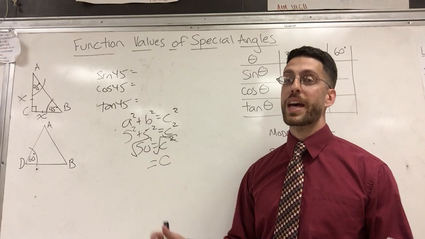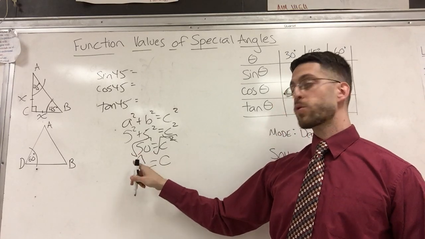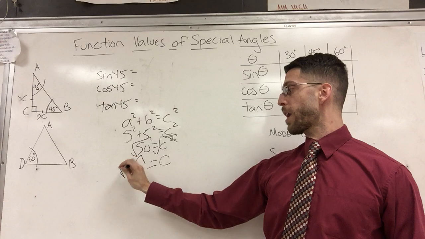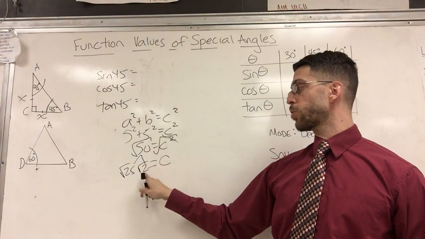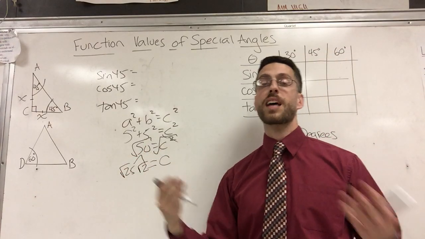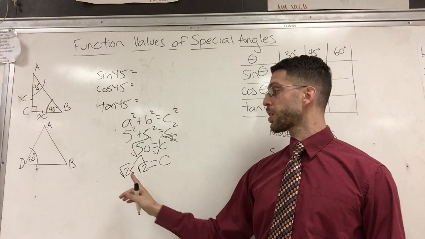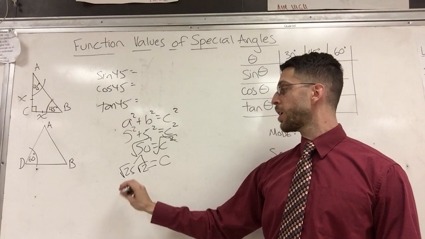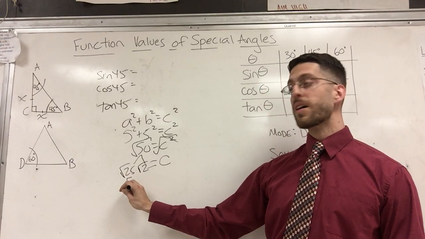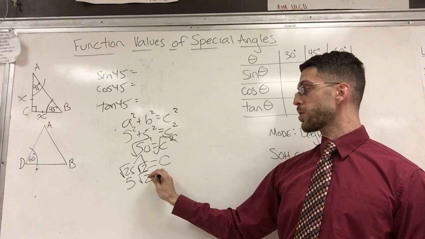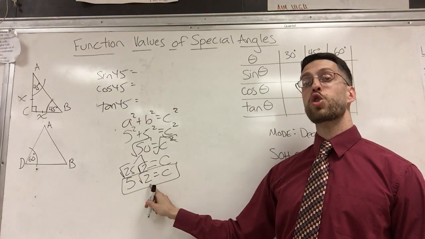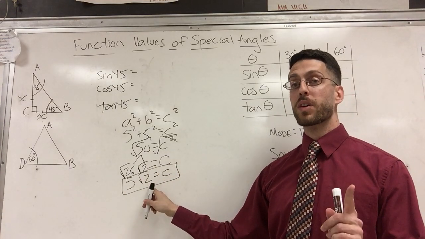We don't want that. We want an exact value. So I'm going to factor the 50 as the radical of 25 times the radical of 2. You could also factor 50 as 10 times 5, but that's not helpful because I need a perfect square here. The square root of 25 is 5, and I don't know what the square root of 2 is, so I leave it. There would be your third side in a specific example.